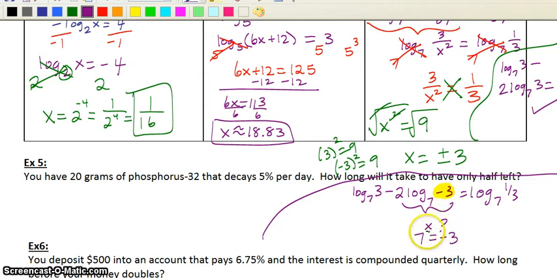And it's not possible to take an exponent and get a negative if you started positive. If you started positive, there's no way I can make it negative with an exponent. So that is why that doesn't work. That means that the negative 3 is extraneous and only the positive 3 is our answer. So x equals 3, negative 3 was an extraneous solution.